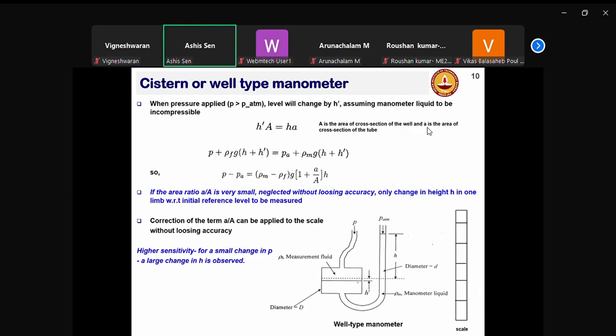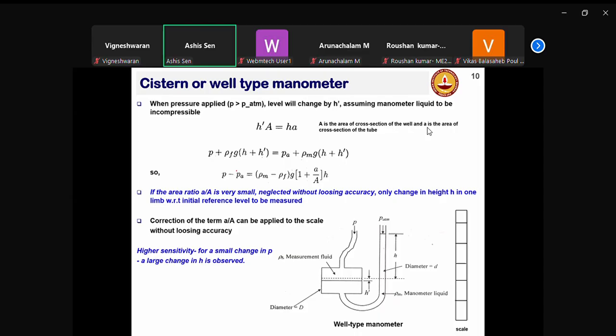A is the area of cross-section of this reservoir or well. So H dash into A will be the height H by which it will rise in the right side into the area of cross-section small a. Now this small a is much smaller than the capital A, right? So anyway, we'll talk about that soon.